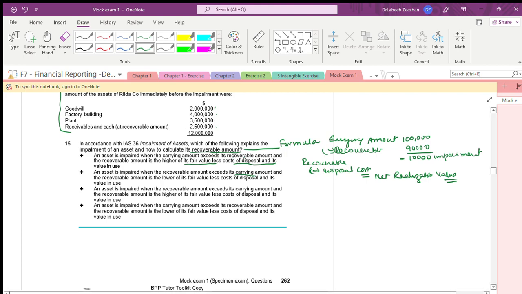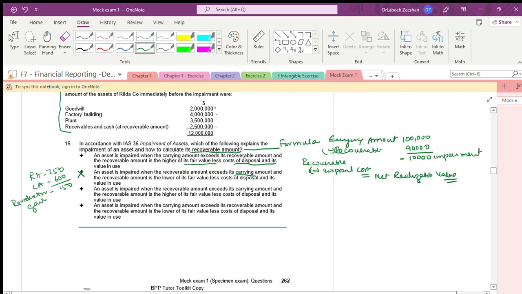No. See, recoverable amount is how much? Recoverable amount is 750. Carrying amount is 600. It is not an impairment; it is nothing but a revaluation gain. Is it right? It is not an impairment as such.